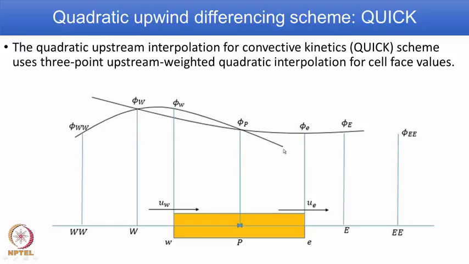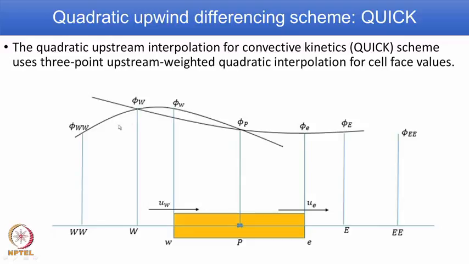This is given particularly for this illustration problem, where the flow is only in one direction, from left to right, and that is what you are seeing here. Both UW as well as UE are shown from left to right. So, for the face w, phi w, the small letter w, is your interest.